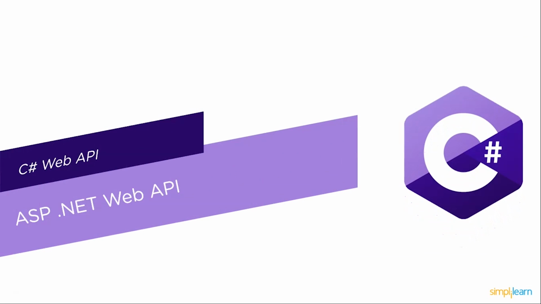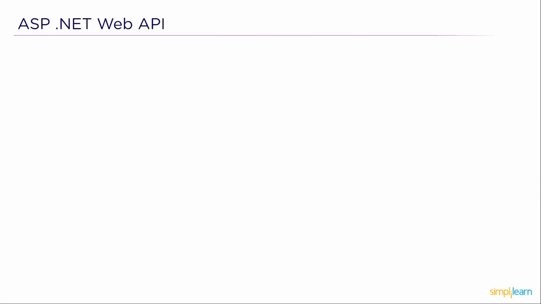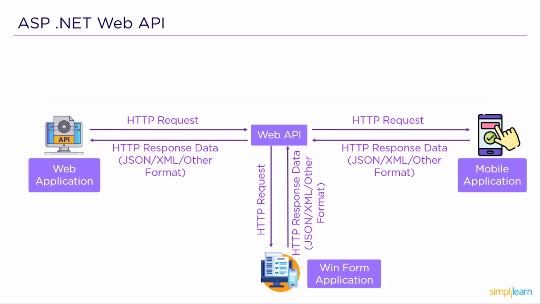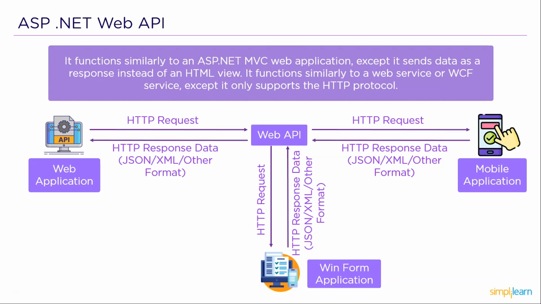We will now look at ASP.NET Web API, after understanding what a Web API is. The ASP.NET Web API is an extensible framework for creating HTTP-based services that can be accessed in various applications on various platforms such as web, Windows, or mobile, etc. It functions similarly to an ASP.NET MVC web application, except it sends data as a response instead of an HTML view.